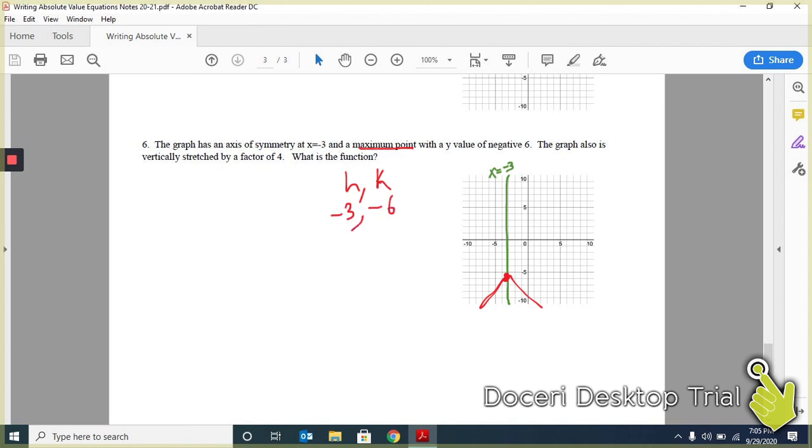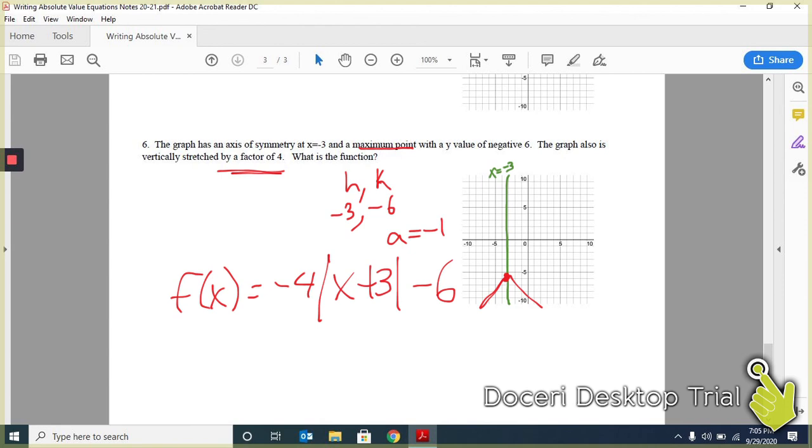I also know that A is going to be negative, and it has a vertical stretch of 4. So when I write my equation, it's negative 4 absolute value of x plus 3, minus 6.